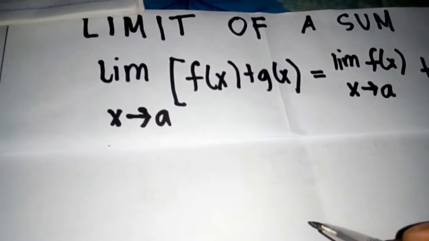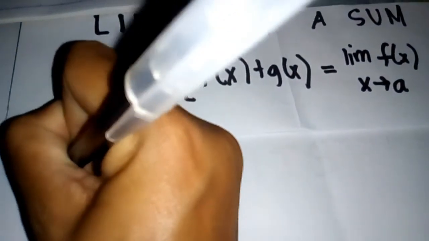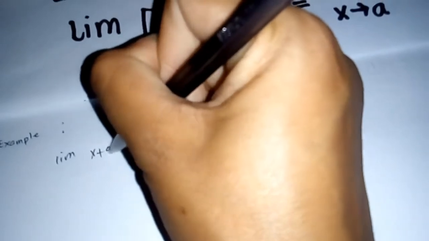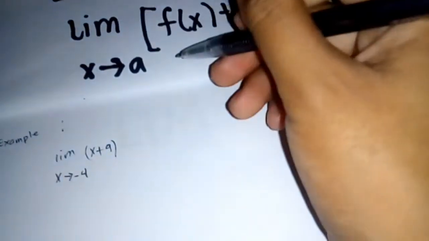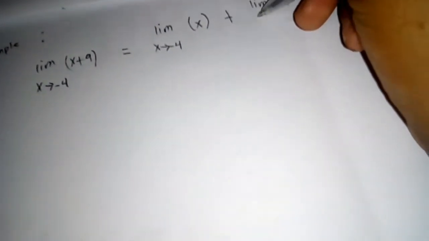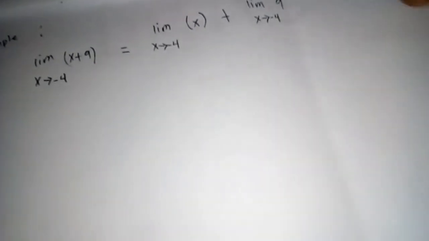So the example of this limit: the limit of x plus 9 as x approaches negative 4 is equal to the limit of x as x approaches negative 4 plus the limit of 9 as x approaches negative 4.